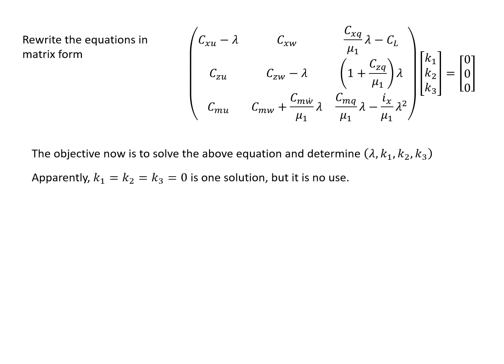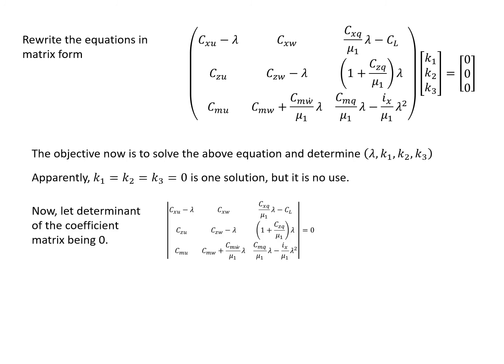Apparently, k1, k2 and k3 all being 0 is one solution, but it's not useful. In order to solve it, we need to let the determinant of the coefficient matrix be 0. That is what makes the equation true.